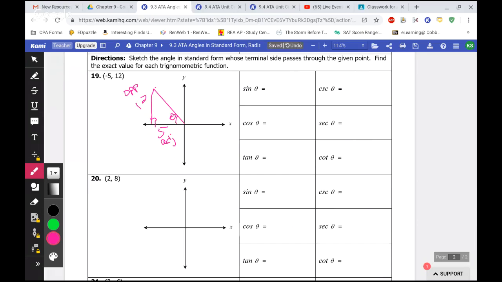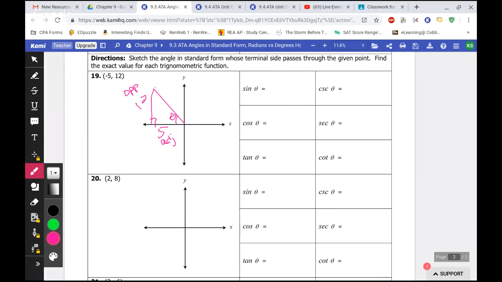But we're missing what side? The hypotenuse. Yeah, good job. So we have to solve for that with what? A squared plus B squared equals C squared, right? Yes.